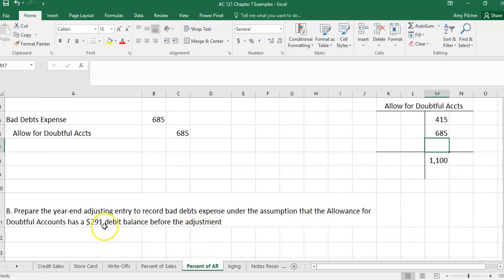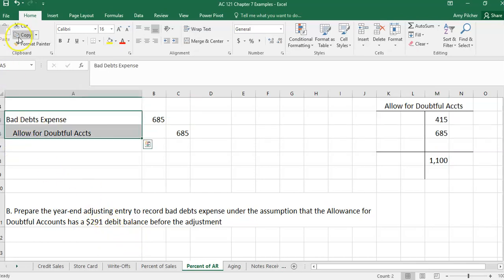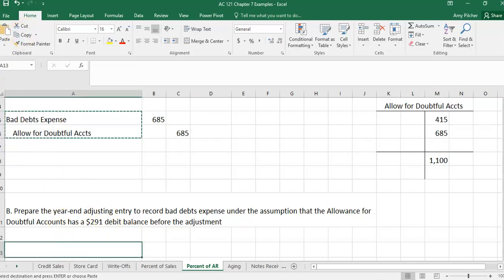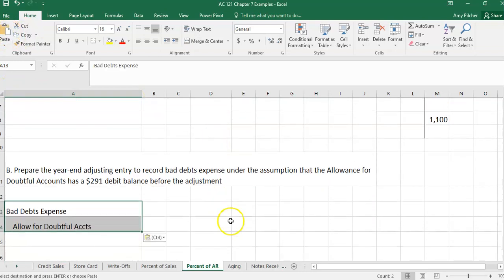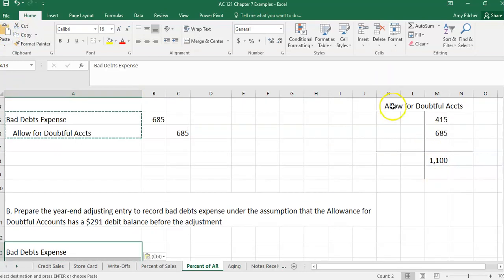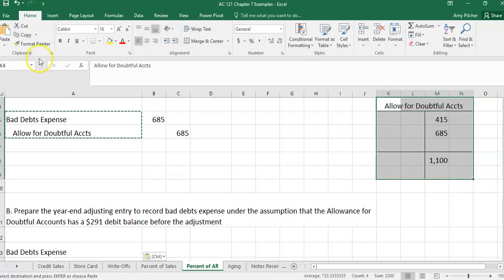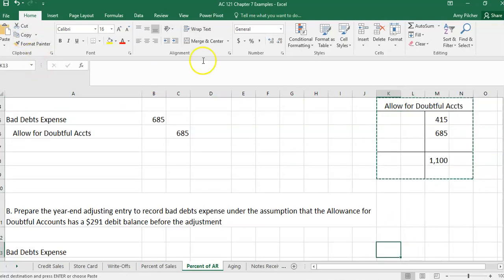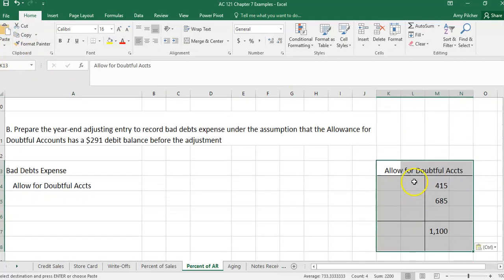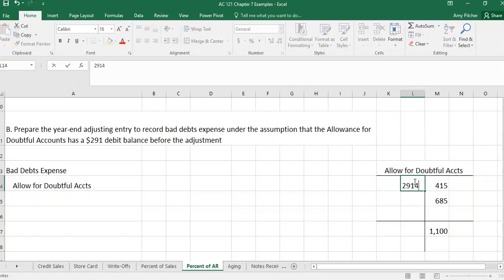The second part of this says, what if instead we had a $290 debit balance? Well, the journal entry is the same, it's just the amounts that change. So now let's bring our T account down here and put a $291 debit balance.